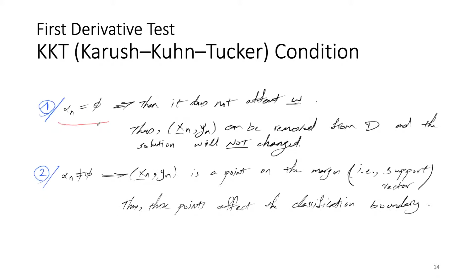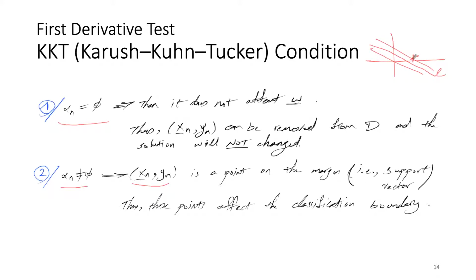Now the second case, if alpha n wasn't 0, then the second portion of that formula was 0: yn (w transpose xn plus b) minus 1. So we understand that xn is going to affect w, right? Thus xn, yn is a point on the margin. Say that was the line, and those were the margins.